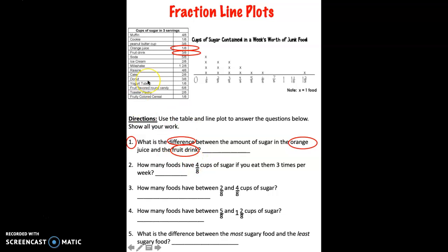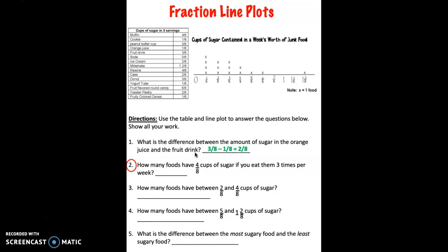So we're going to subtract 3/8, which is the amount of sugar in fruit juice, minus 1/8, which is the amount of sugar in orange juice. If I subtract 3/8 minus 1/8, I get 2/8. That is the difference between the amount of sugar in orange juice and the amount of sugar in the fruit drink.